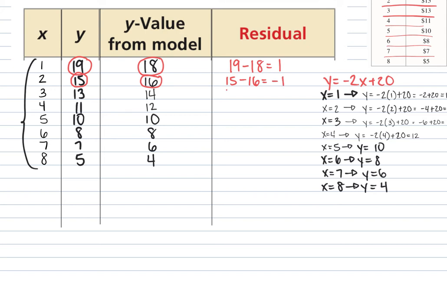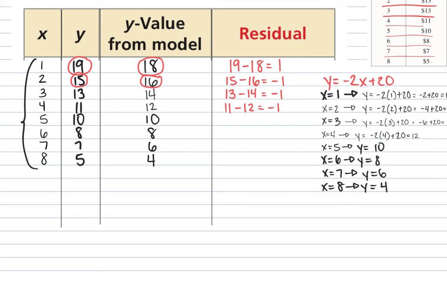Next, we're going to take 13 and subtract 14. And we're going to get negative 1. And we keep going. 11 minus 12, negative 1.